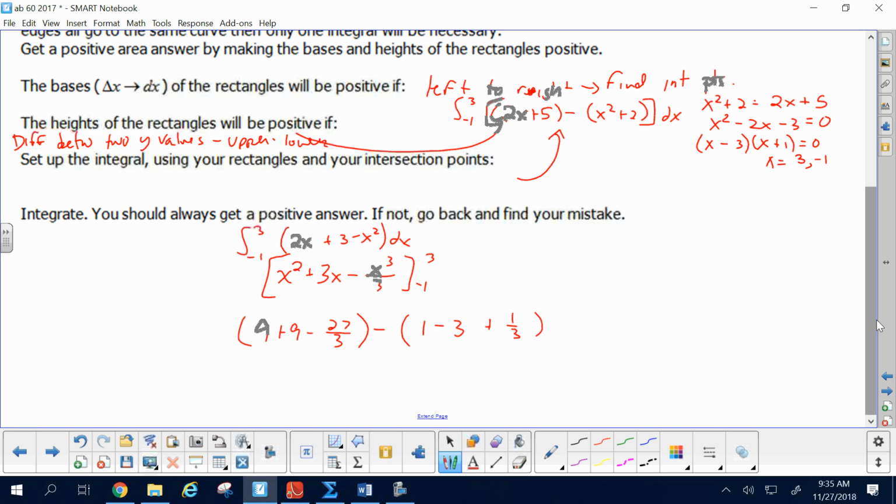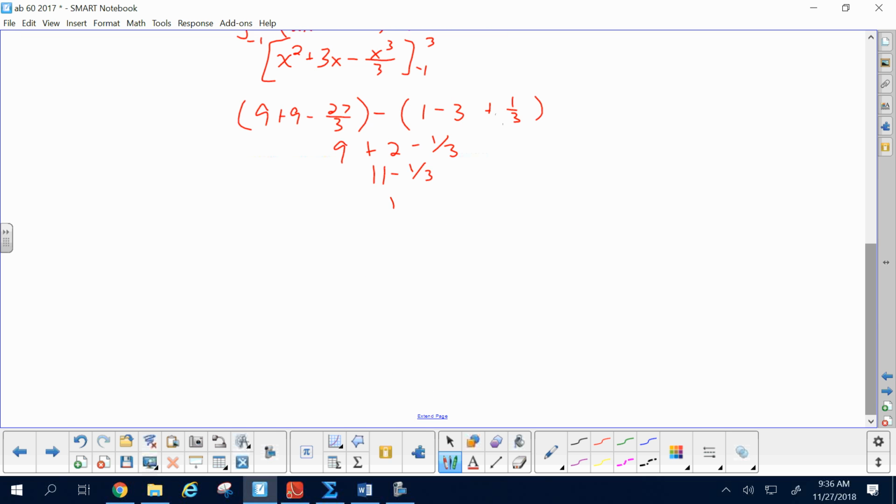What does that first set of parentheses come out to be? 9. Back here, we get a negative 2, but minus a negative 2, so plus 2 minus a third. Correct me again if I made a mistake. But at the end of the day, 11 minus a third is?